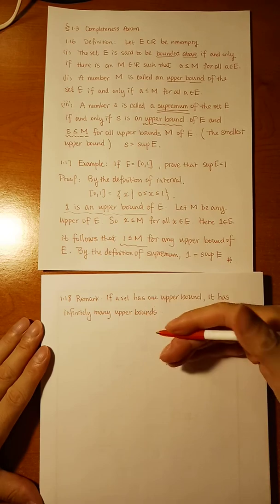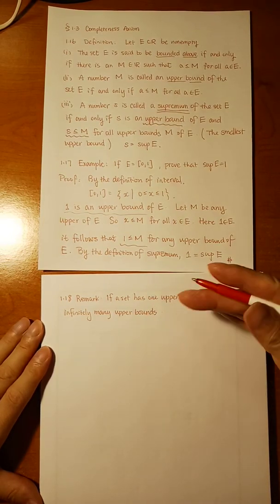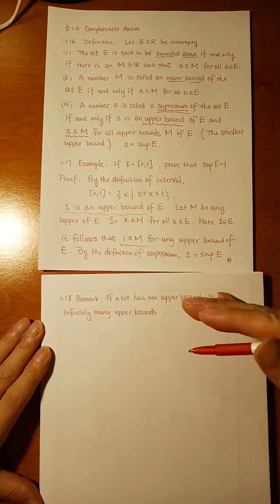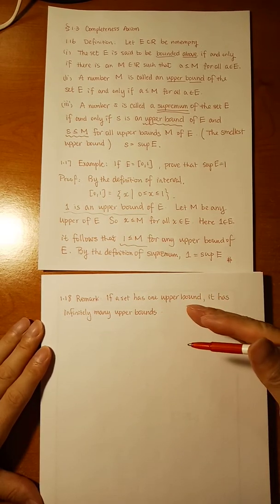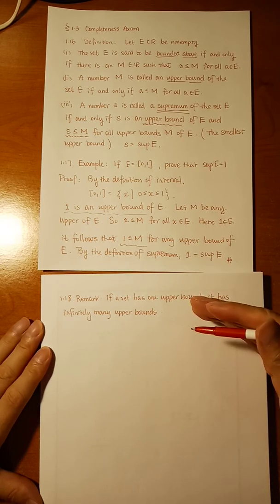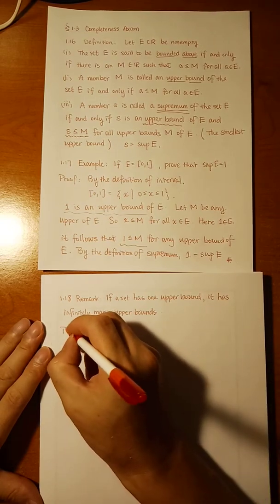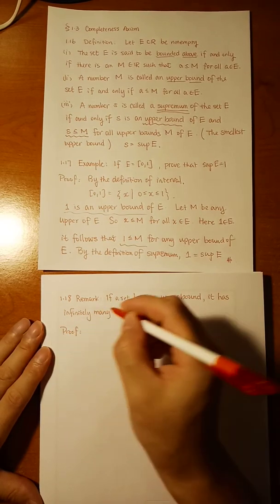Well, it's obvious. If you stand in your house, then the roof is above you. Any higher roof, the roof above your roof will be higher than you, right? Any number greater than an upper bound will be an upper bound. So the proof is trivial.